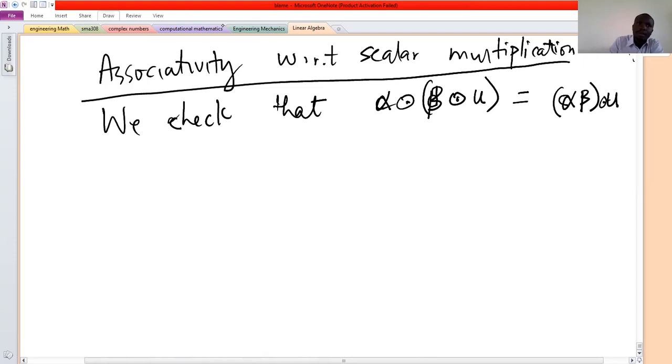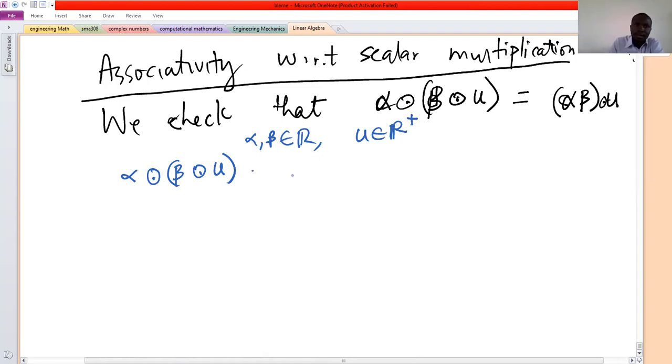Now, this is how we start. Alpha multiplied by beta times u. Remember alpha, beta are any real numbers, but u is specifically a positive real number from this set, R plus.